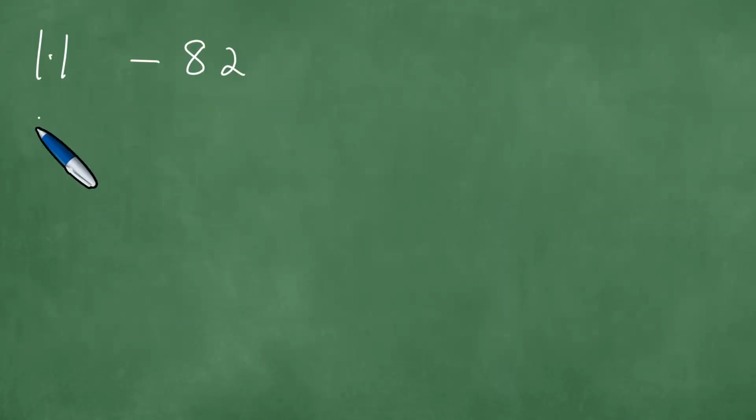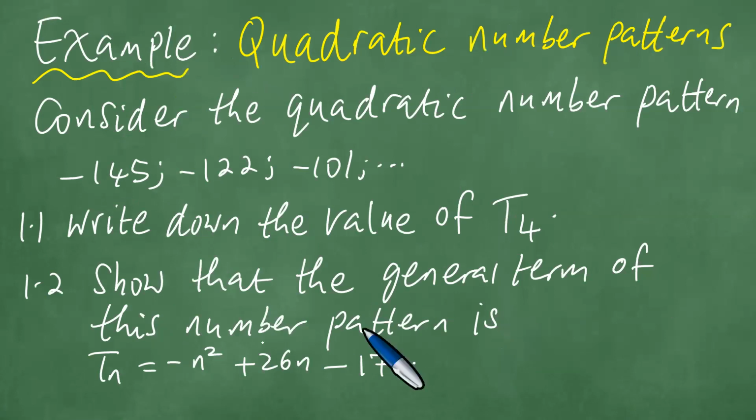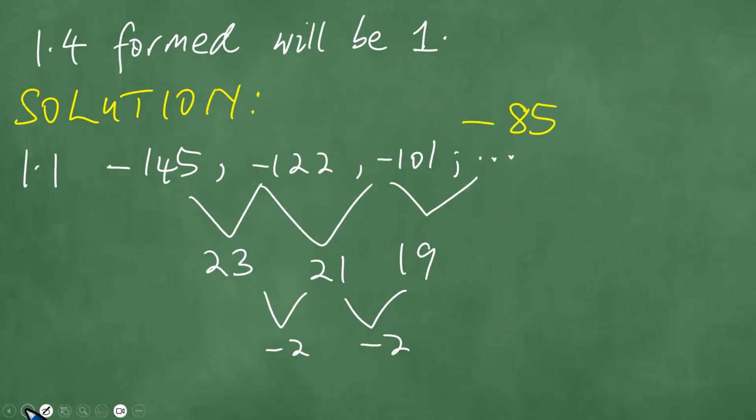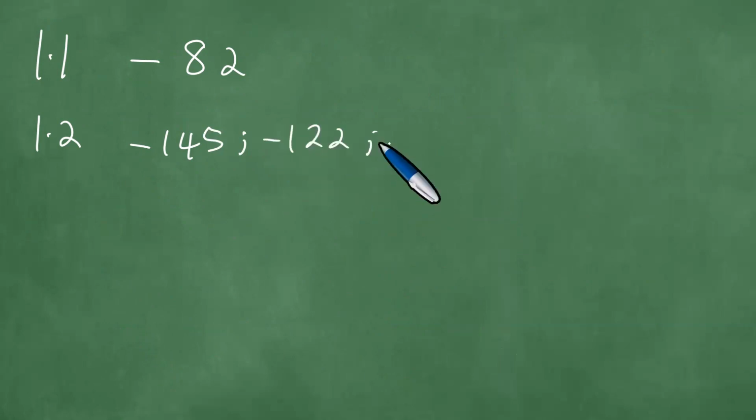Then we are looking at the next question, 1.2. Show that the general term of this number pattern is this. Right, so the answer to 1.2. We know that we have minus 145, minus 122, minus 101.